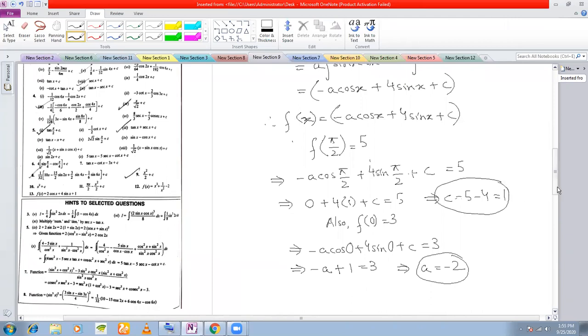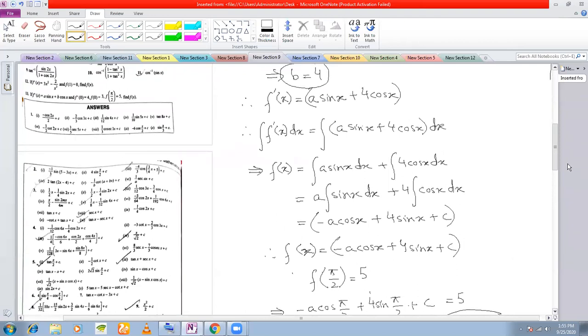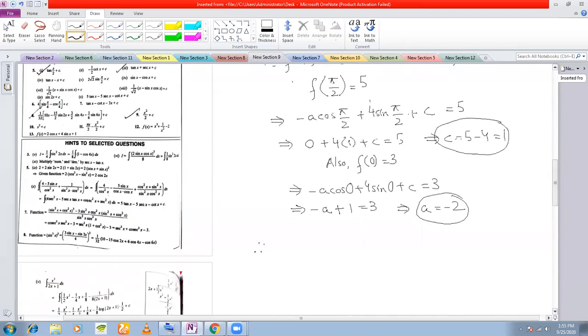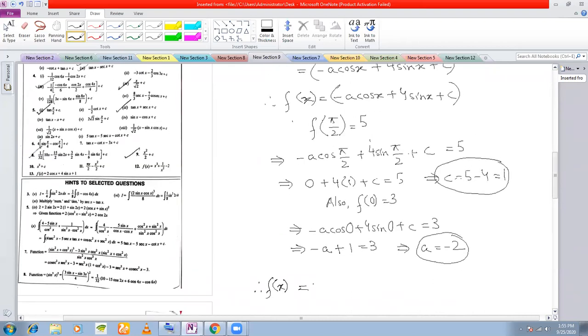So we just simply put the values of A, B and C. The question here is find f x. So therefore f x is, what is f x here? Minus a cos x. That means minus of minus 2 cos x plus 4 sin x. And the value of c is 1.